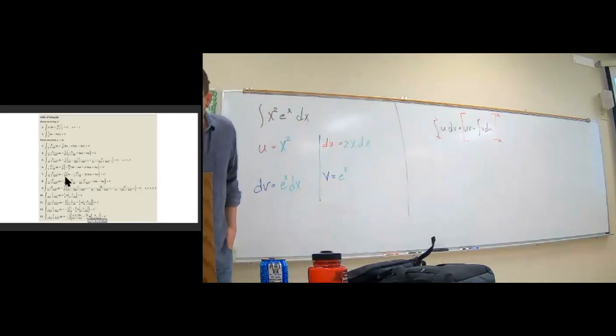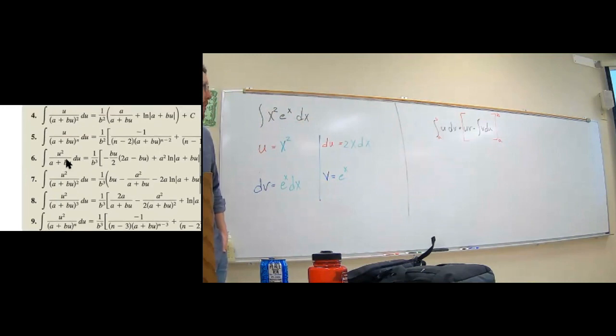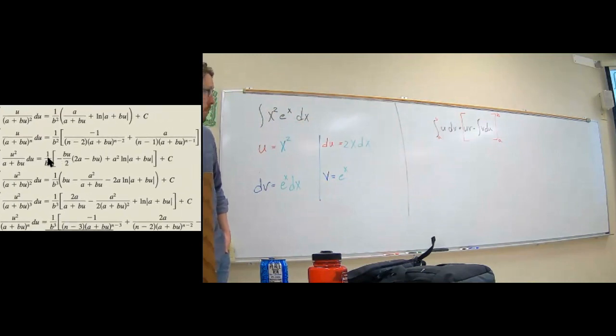To say, all right, I have a really weird integral. Maybe it looks something like this. I don't want to solve this by hand. I'm going to open up my book of integration tables and figure out what that integration is going to look like. So here I would say, whatever my constant A is, I'll plug that constant into here, here, and here.